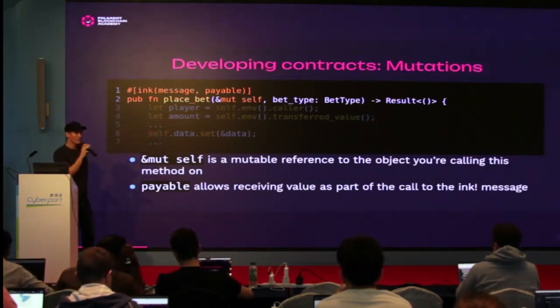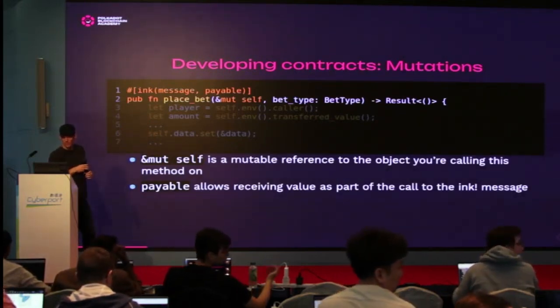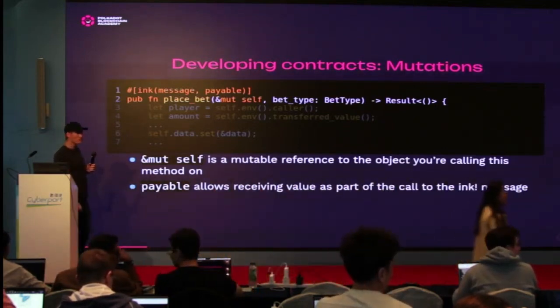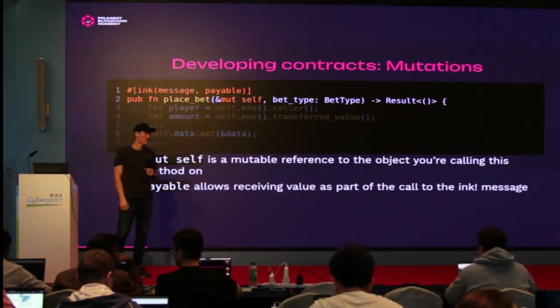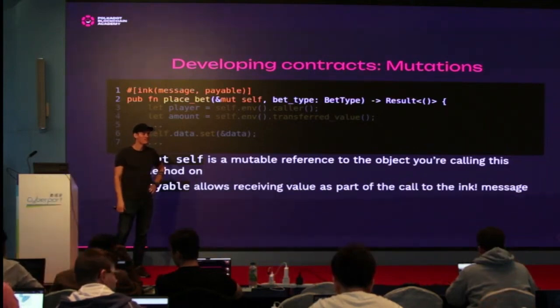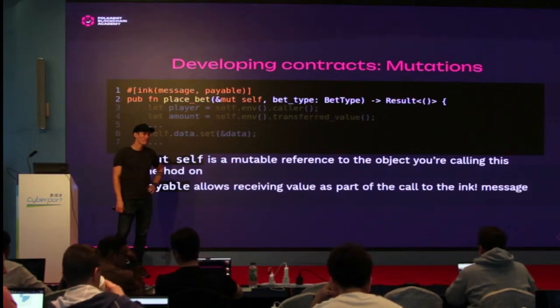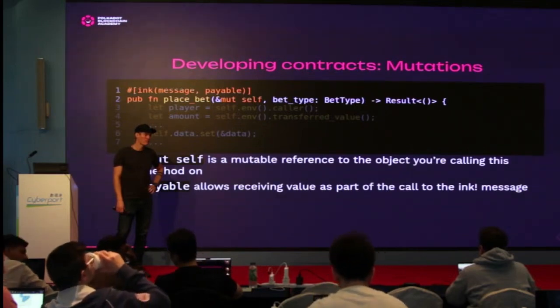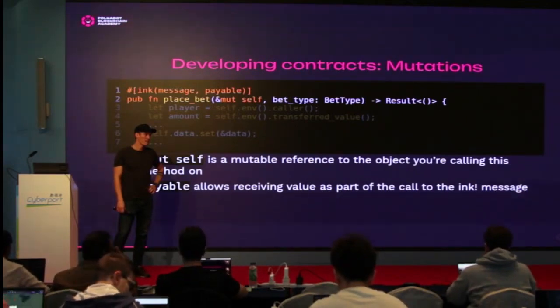Oh, we have a question? Mike? Just a quick question, just to make sure I'm understanding here. In order to have an immutable self, you had to use the payable macro up there, or could you just have immutable as is for self?